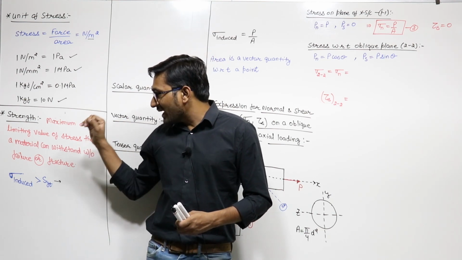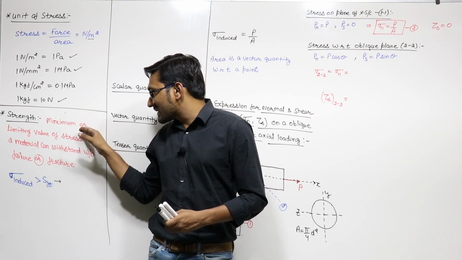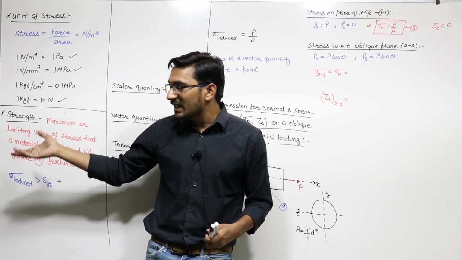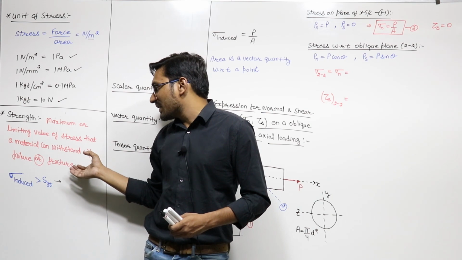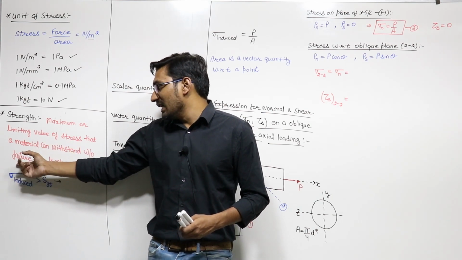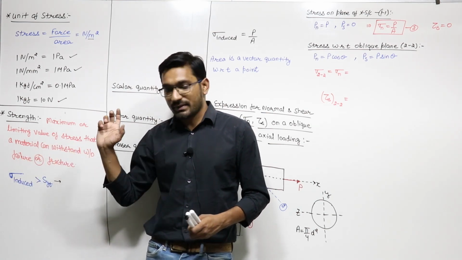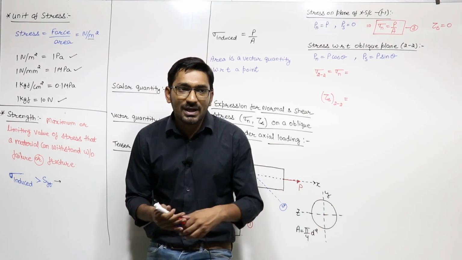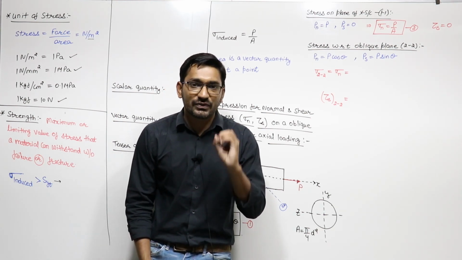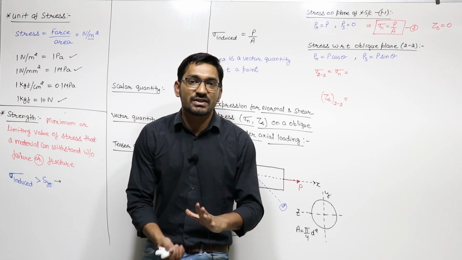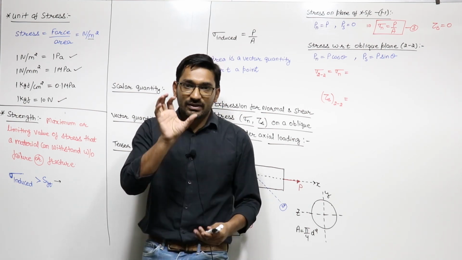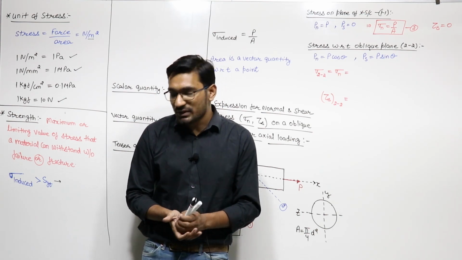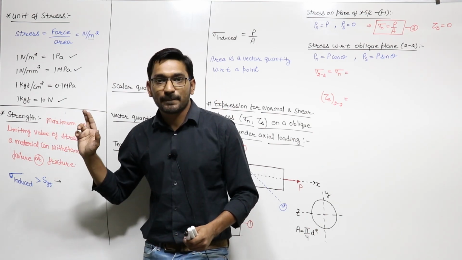But strength is the maximum or limiting value of stress that a material can withstand without failure or fracture. How much is the maximum amount of stress a body can withstand without failure or fracture? That maximum amount of stress is known as your strength.